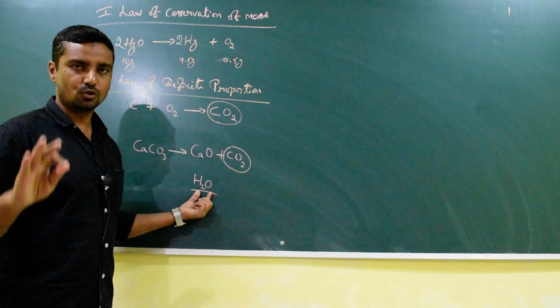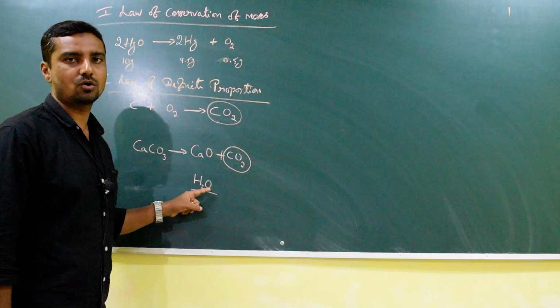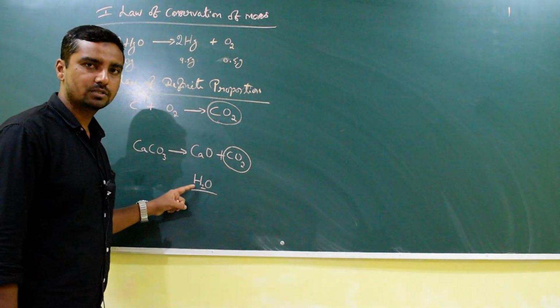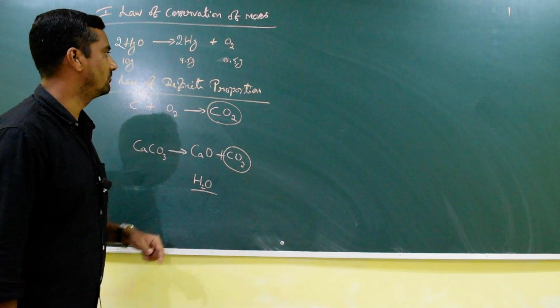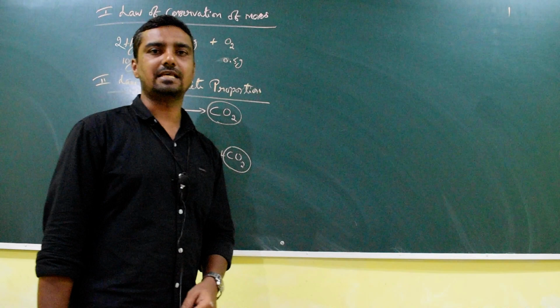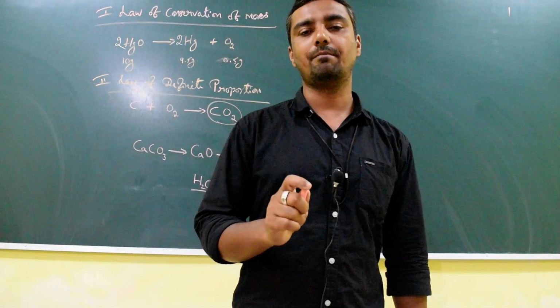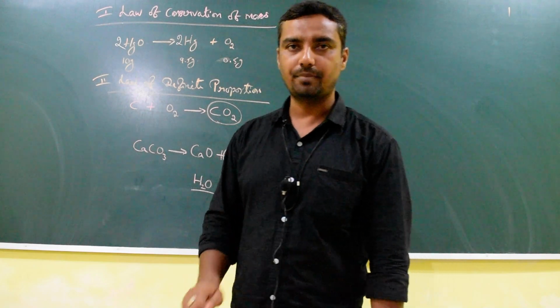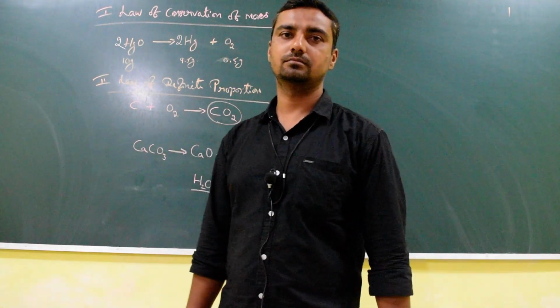Pure water always contains two hydrogen atoms and one oxygen atom. That is called the law of definite proportions. A chemical compound always contains the same elements combined in the same proportion by mass, right?